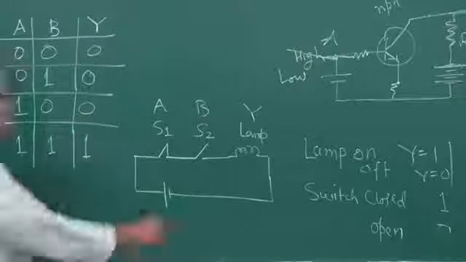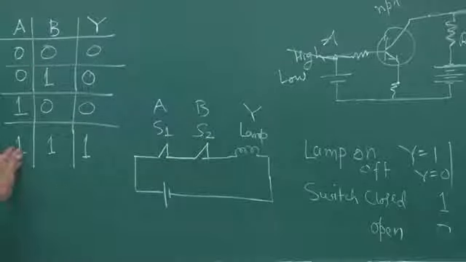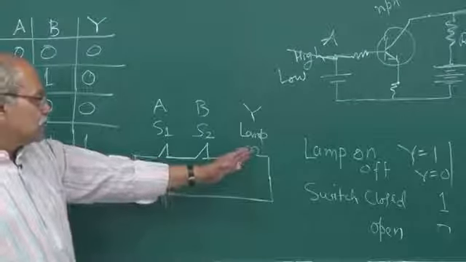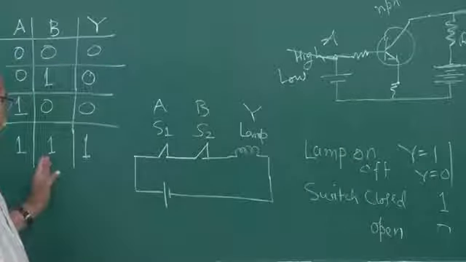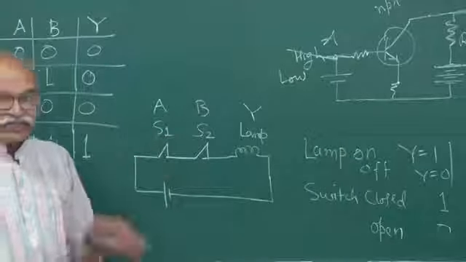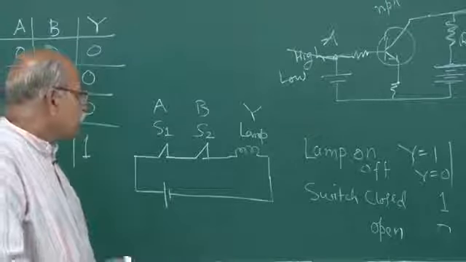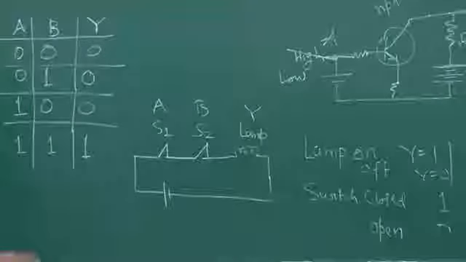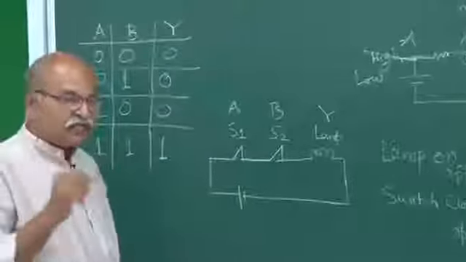And if both the switches are closed, so A is 1 and B is 1, then it glows. And if it is on, then we say that Y is 1. So 1 and 1 is 1. This is the meaning of this AND. You can make this AND digital circuit using PN junction diodes. Let's see how.